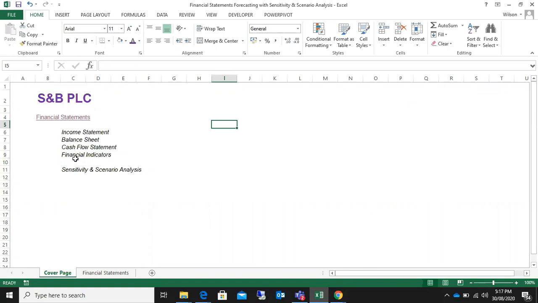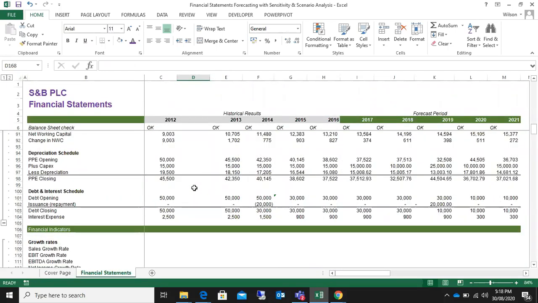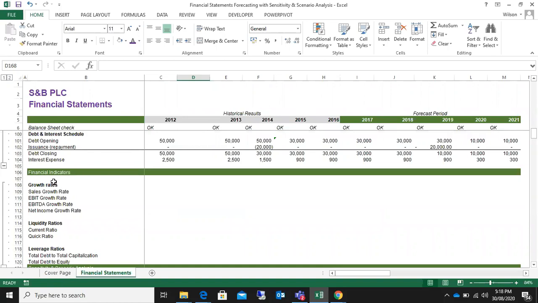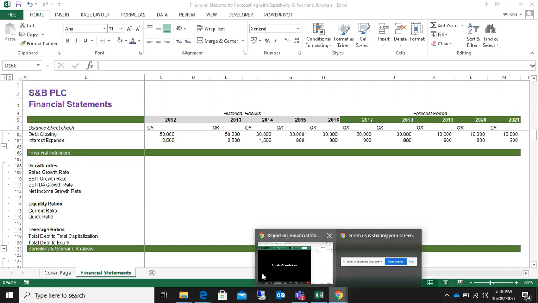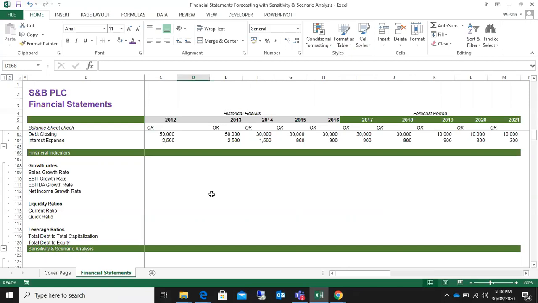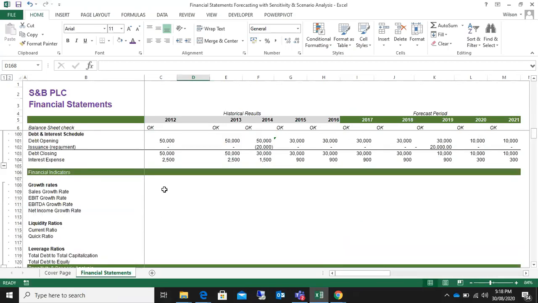Because when you are reading the cash flow statement, you are reading it in line with the financial indicators. Those two things give you an overview of the performance of the company. So let's quickly go into this.